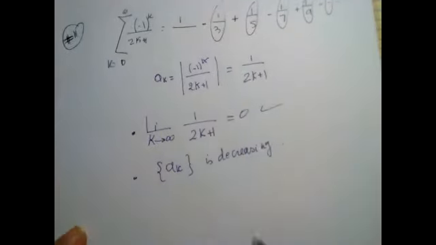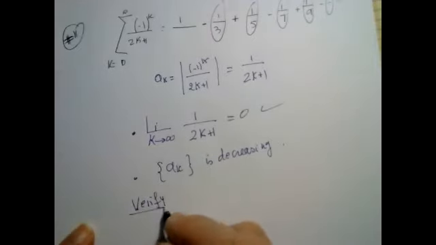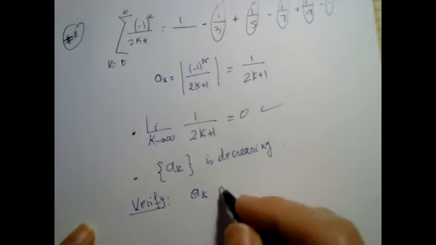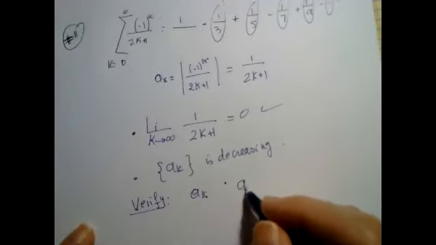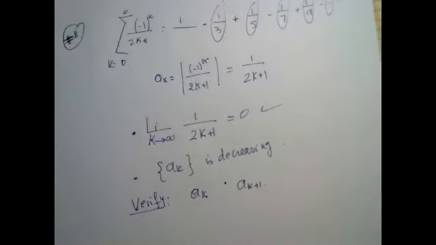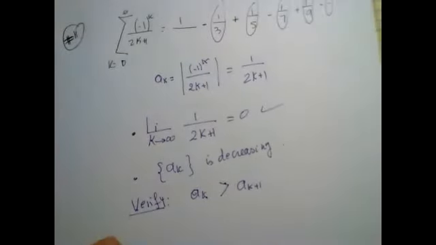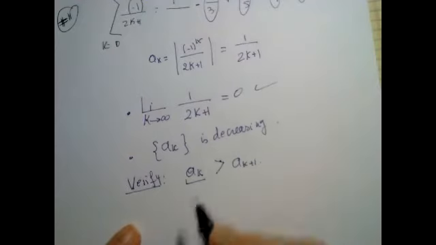Okay. So we have to verify basically in this scenario, because it's an easy scenario, that ak is always larger than the term after. So we have to verify that ak is always larger than ak plus 1.